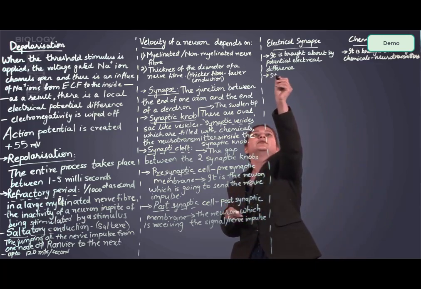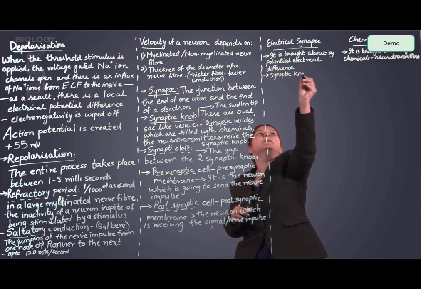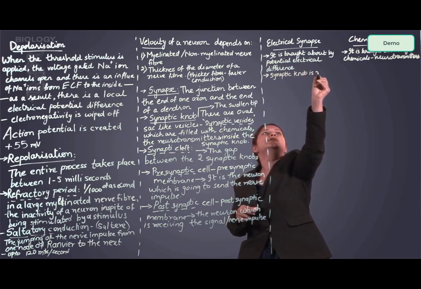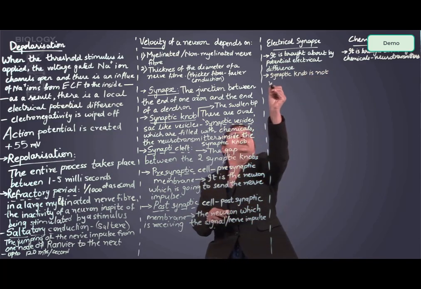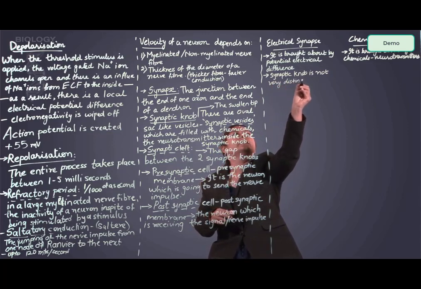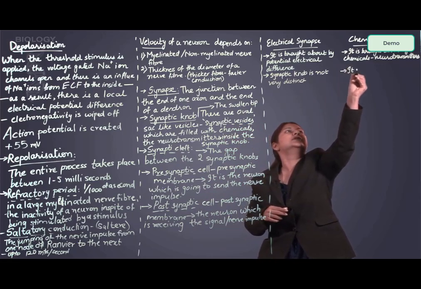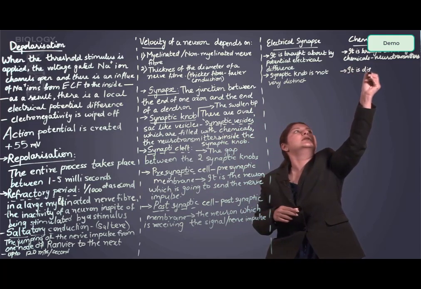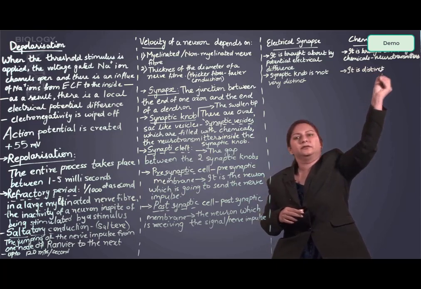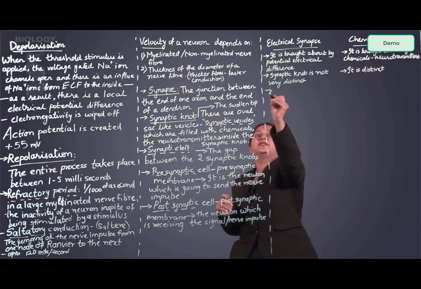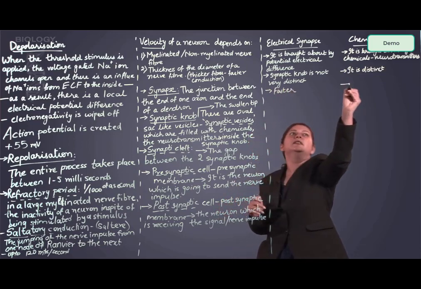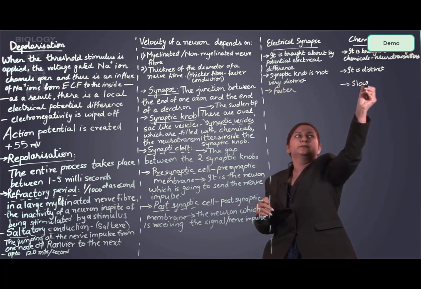So the synaptic knob is not very distinct here, and here it is distinct. Here it is definitely much faster and here it is slower.